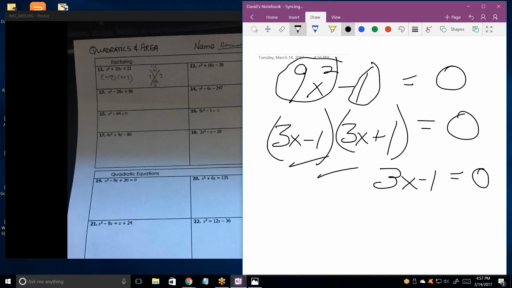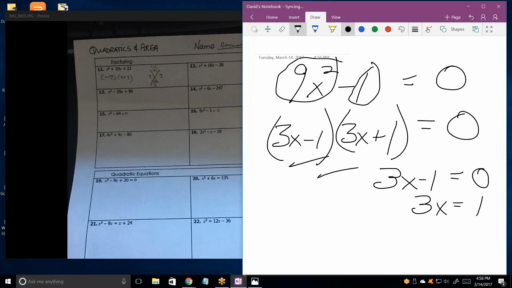Now solve this. So I have 3x minus 1 equals 0, and then I have 3x equals 1. And then I can divide both sides by 3.